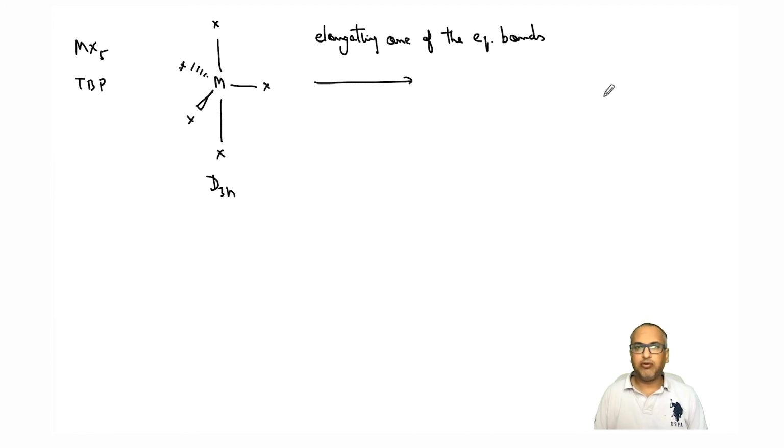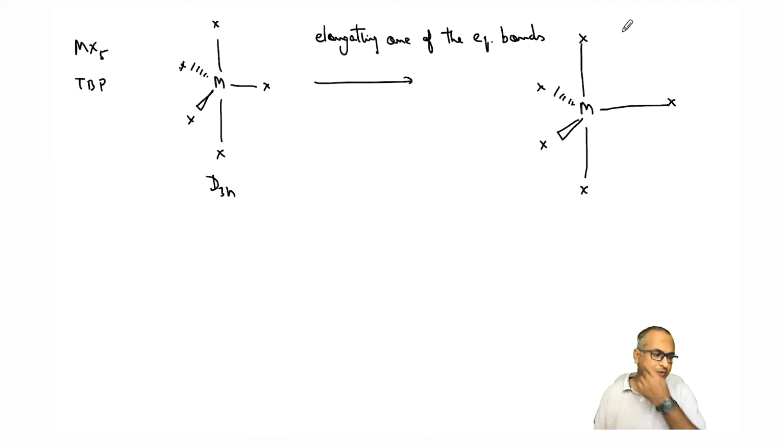So if we elongate one of the equatorial bonds, what do we get? And what are the symmetry elements that we are killing? So let's say this is elongated. Now try to think about where we are now. So this looks like a water molecule. So what you have got is E, C2.